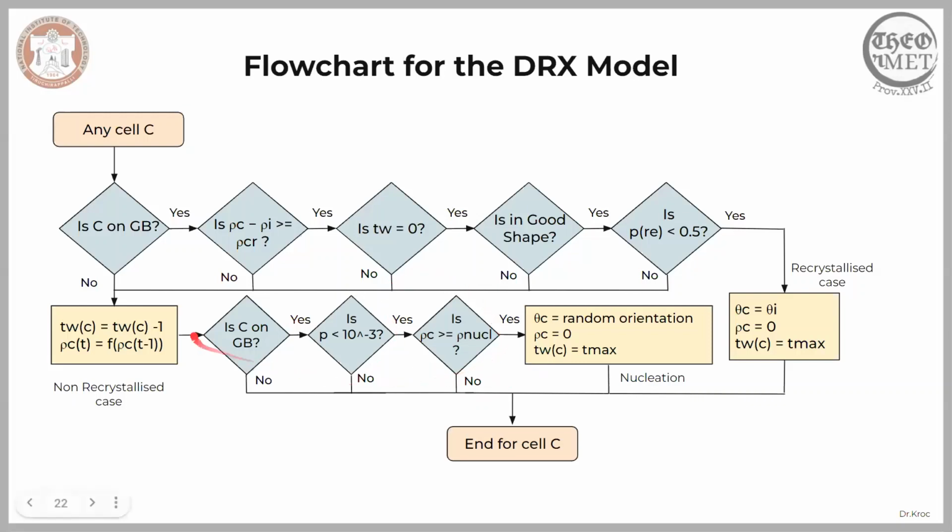So if these three conditions are satisfied, then nucleation happens at the grain boundaries, which means that the newly formed grain has a random orientation, and the dislocation density is set to 0, which means it is defect free, and the waiting time is set to the maximum waiting time. So all these eventually end the operation for that particular step. In this way, it is continued for several time steps to get an idea of its evolution.